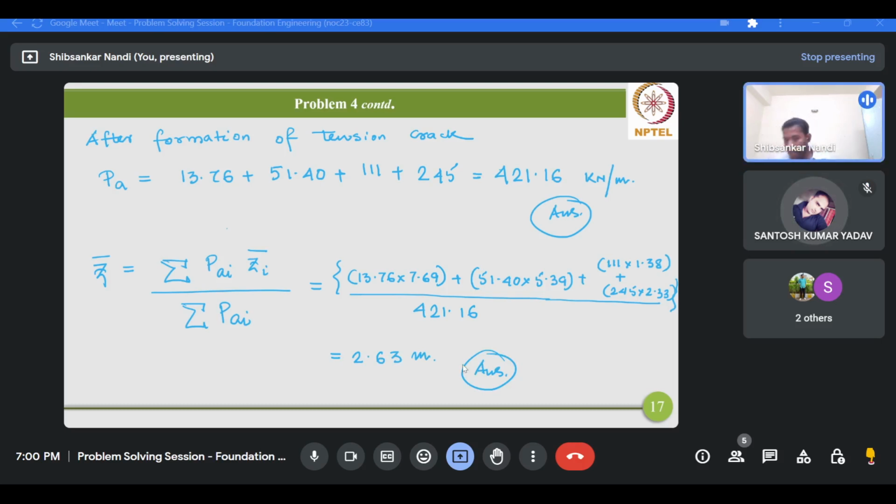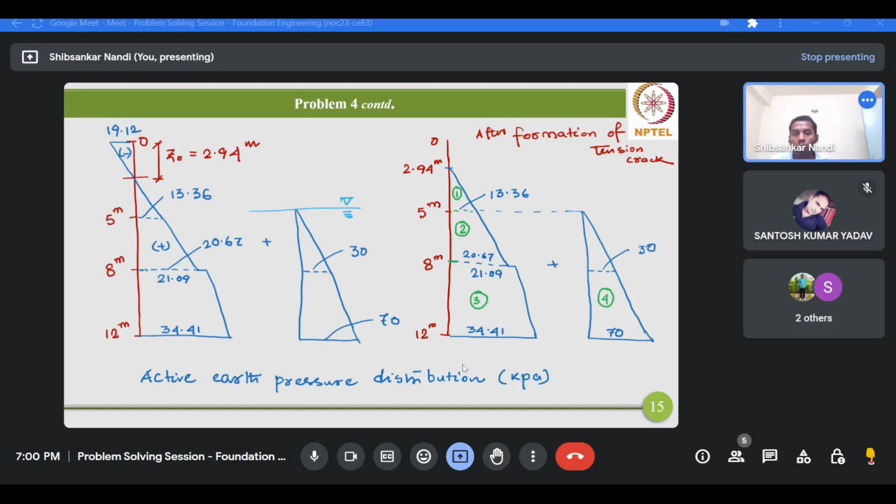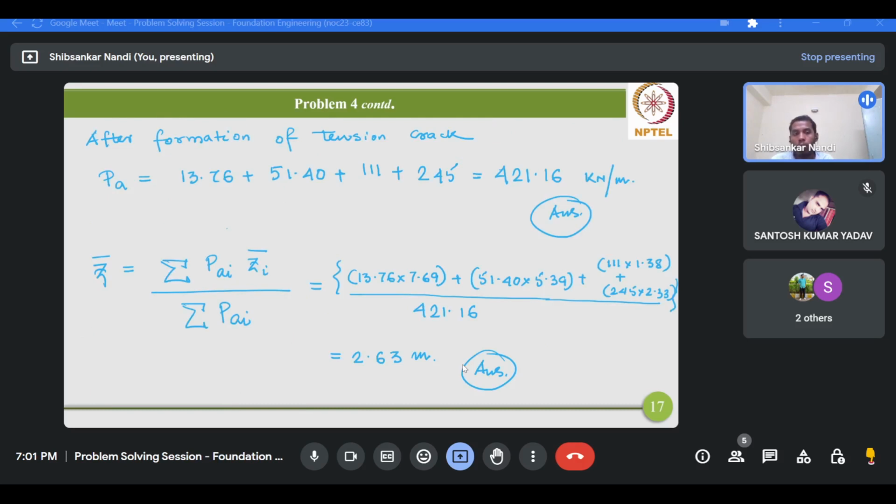I don't know, I have got a slightly different value. I calculated this earlier before the session, and I got something like 2.75. So please cross check the values once again. However, the methodology or the approach should remain the same. You just have to take the component-wise force, calculate the corresponding lever arm from the base, take the product, and the summation of that product divided by the total active force will give you the lever arm.